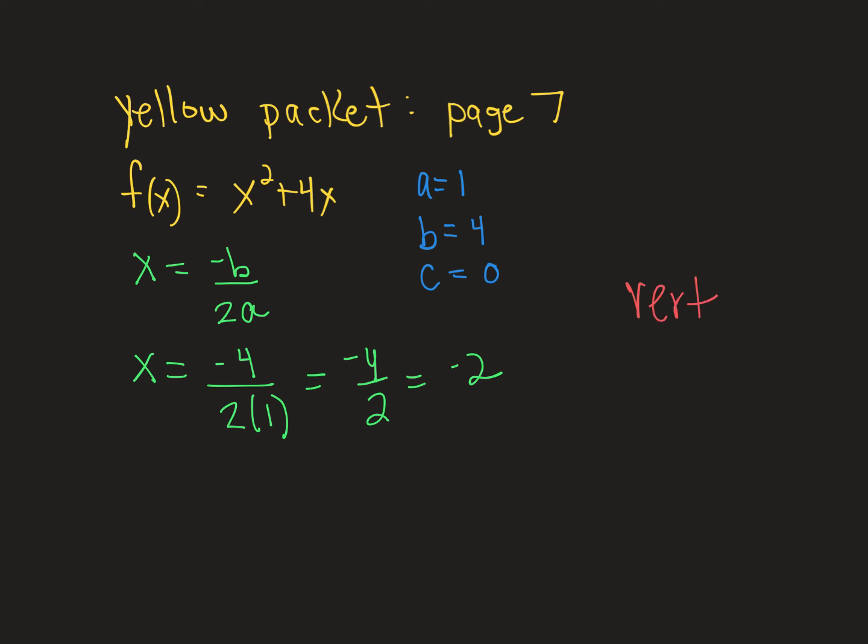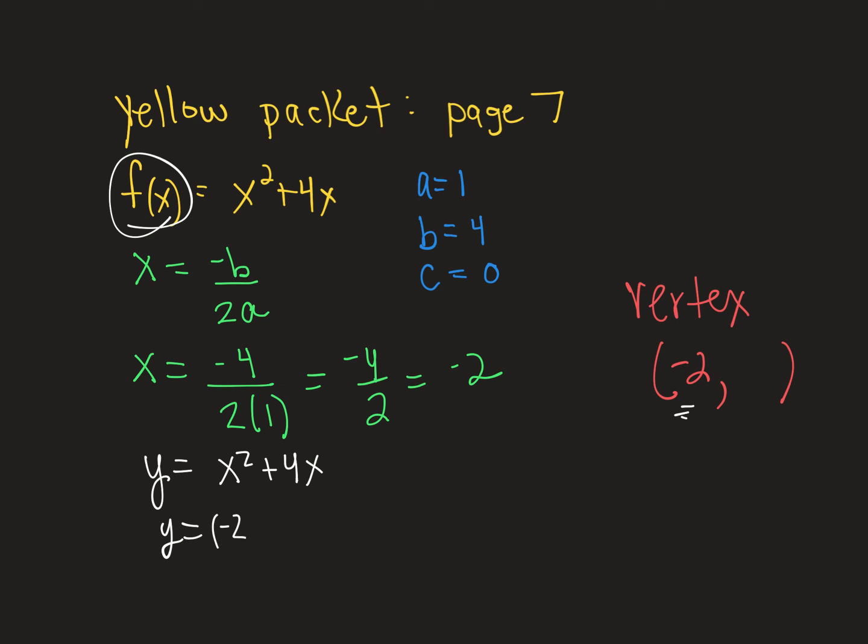So I'm figuring out the vertex. I now know the x-coordinate is -2. I need to figure out the y-coordinate. So I'm going to take this f of x, I'm going to make it a y. And then in my original equation, I now know that the x value I'm looking at is -2. So I'm going to substitute in -2 for the x.